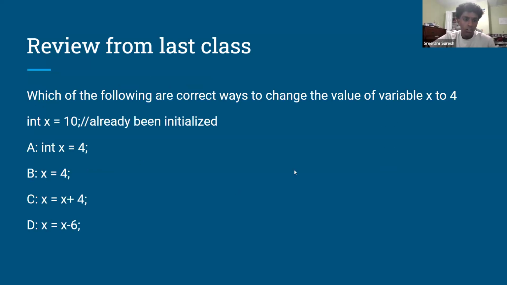I have one more review question. This one's a little bit easier. Which of the following are ways to change this variable? There might be more than one answer. It could be one answer, but it's not necessarily just one. Let's assume this line of code has already been written. How could I change the value of x to 4?